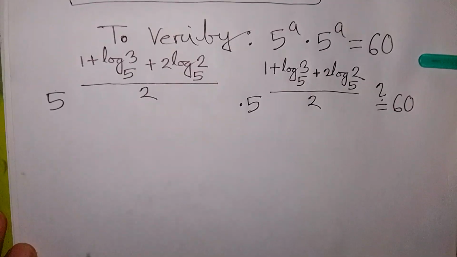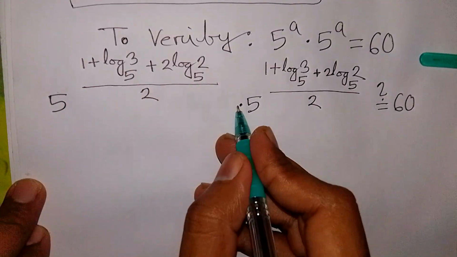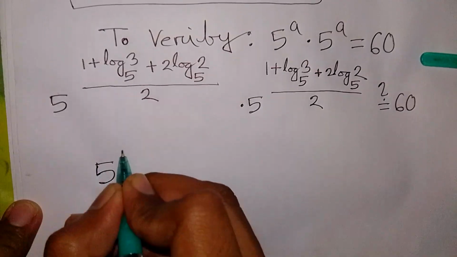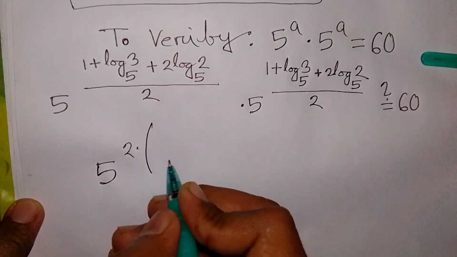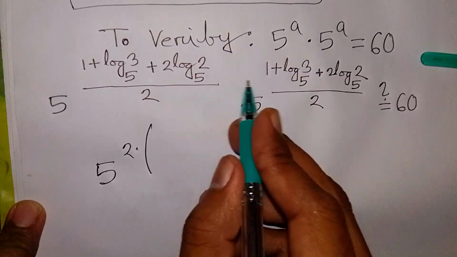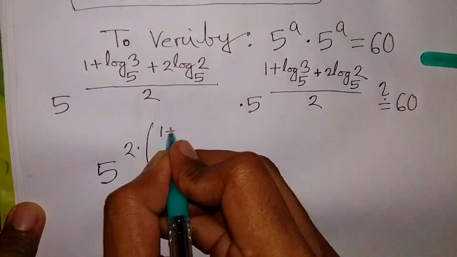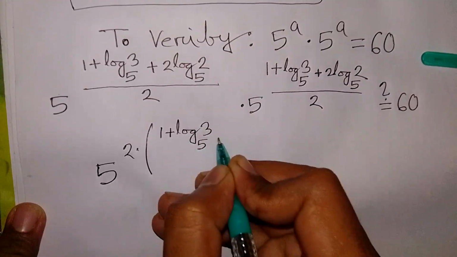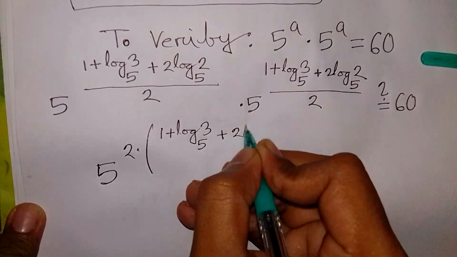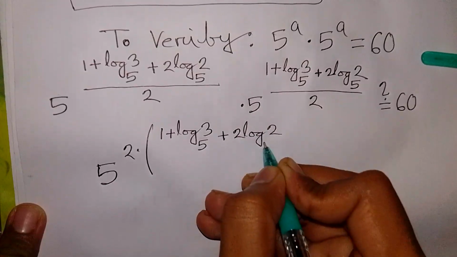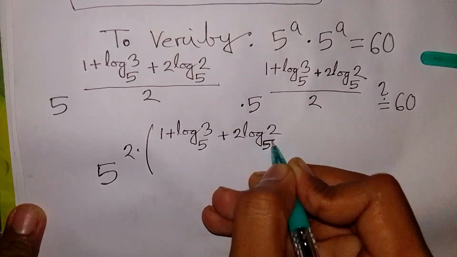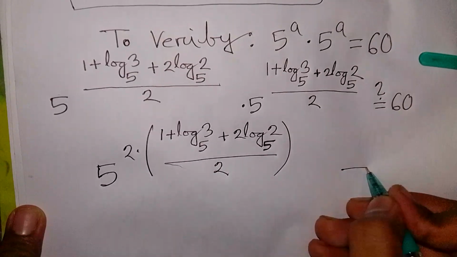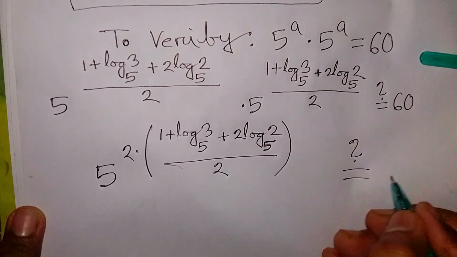Now this multiplied by this will be the same as 5 power of 2 into the bracket, this common power, 1 plus log 3 base 5 plus 2 log 2 base 5, over 2. Is it equal to 60?